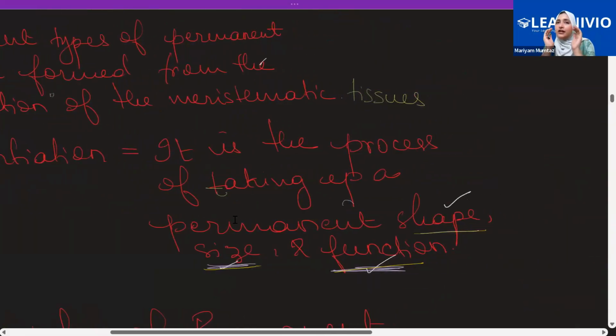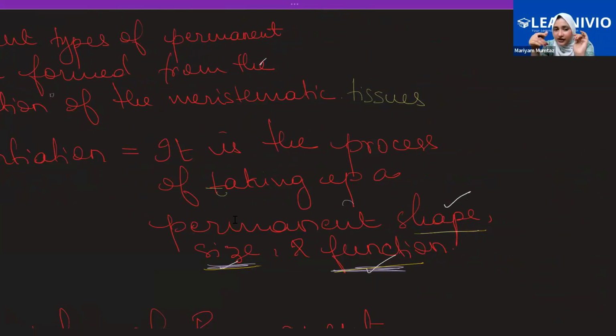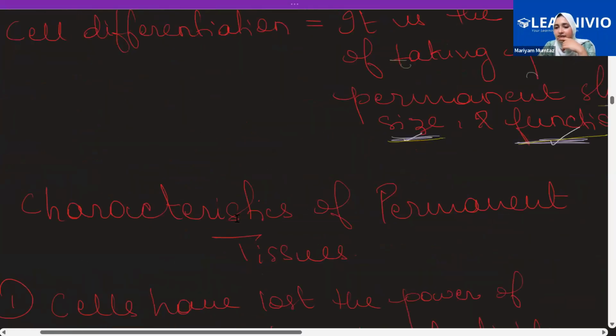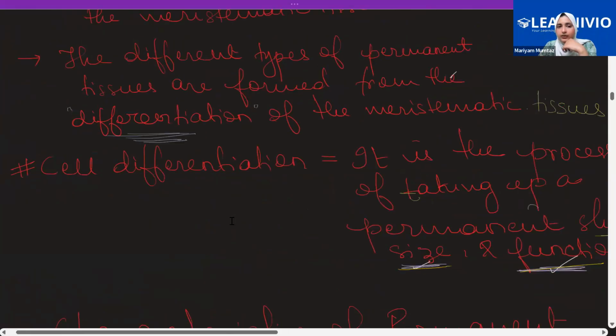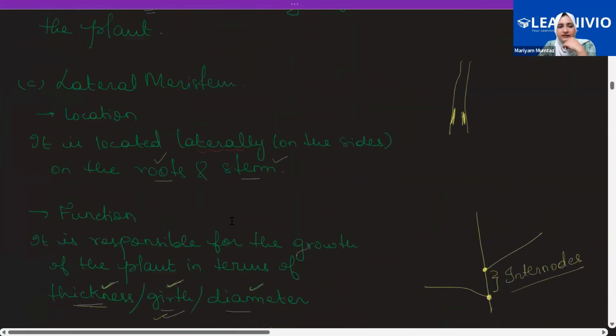Whenever a tissue takes up a permanent size, shape, and function, we call it cell differentiation. Clear? Any doubt? Yes, ma'am. No, ma'am. Okay. Down till here, then we'll move forward.